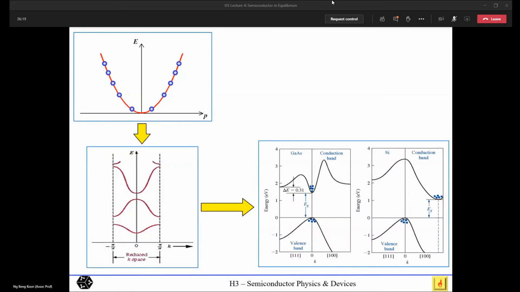In practical semiconductor crystals, there will be some imperfection, such as missing atoms in the lattice or extra atoms in between the lattice. That changes the energy structure of your semiconductor by introducing additional energy levels in the band gap.